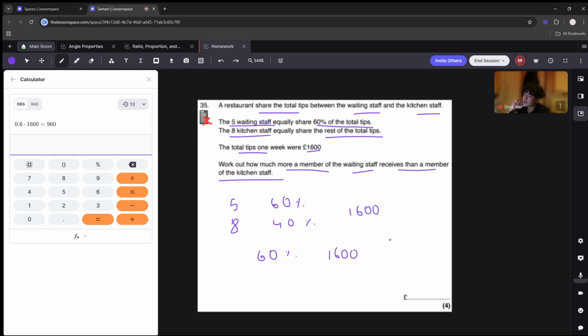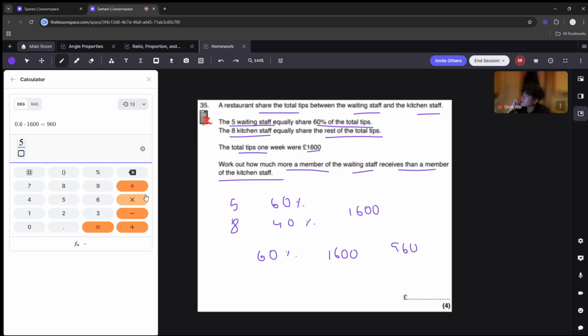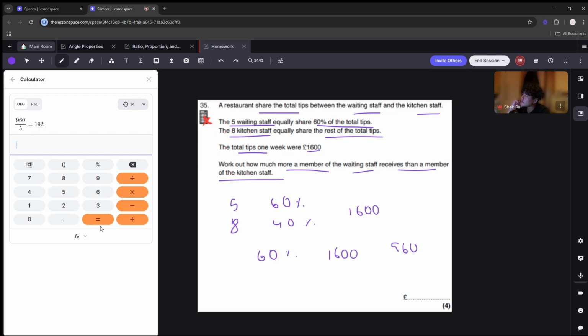That's 960. And then divided by 5. 960 divided by 5 equals £192. Damn, £192 per person is quite nice, actually.